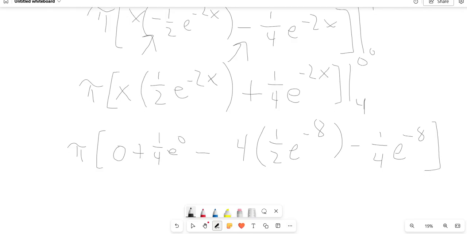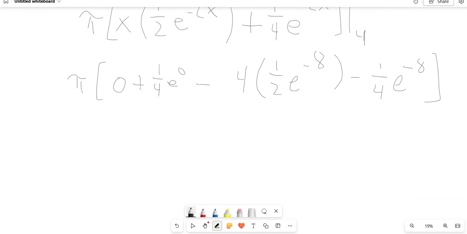Okay. So e to the 0 is just 1, and 0 drops out, of course. So we have pi times 1/4 minus 2 over e to the 8 minus 1 over 4 e to the 8.